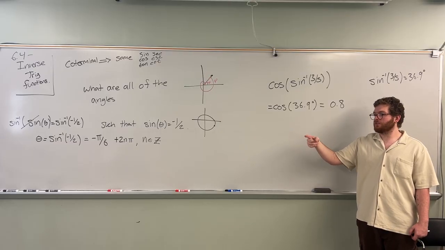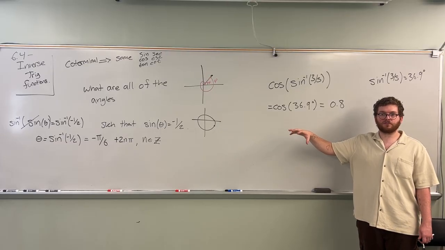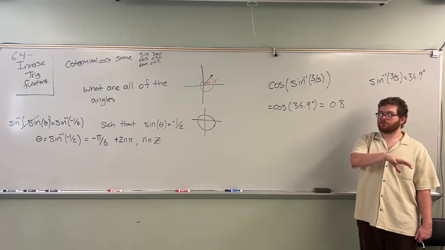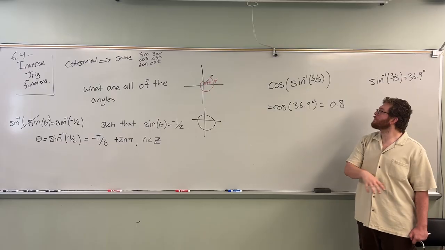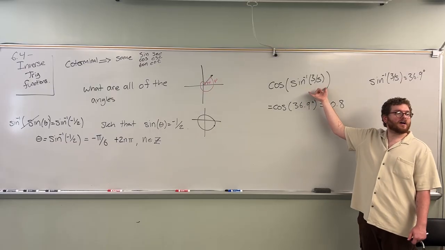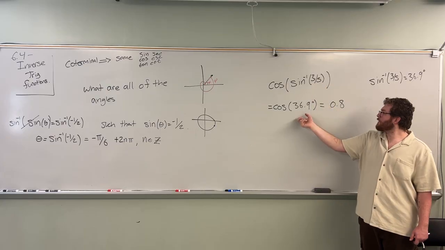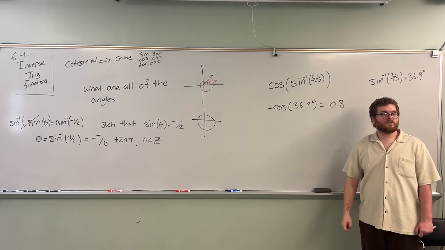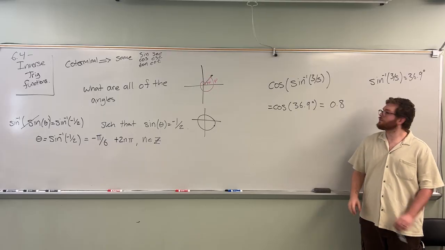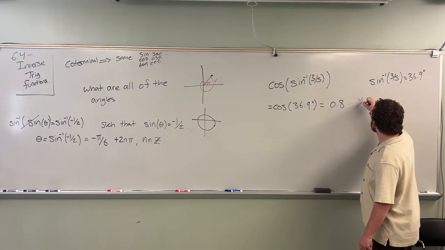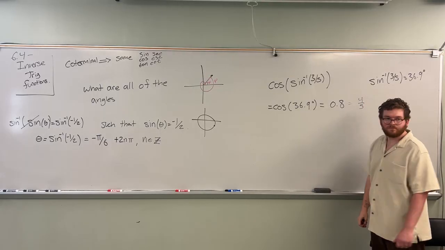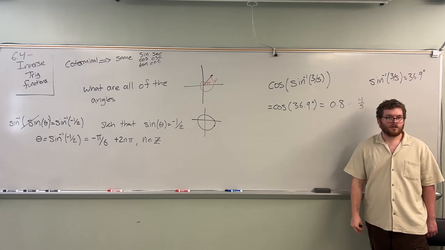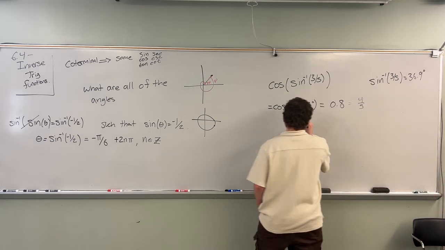So if I go backwards, an inverse trig function takes ratios of side lengths and spits out angles. And that's what we're doing here. Inverse sine of a ratio of side lengths will spit out an angle, and I can take the cosine of that angle to spit out this, which will be 4 over 5. We could also see this with drawing it out.